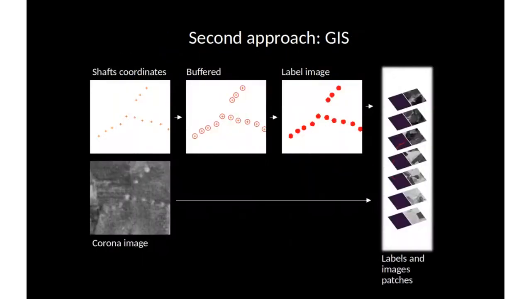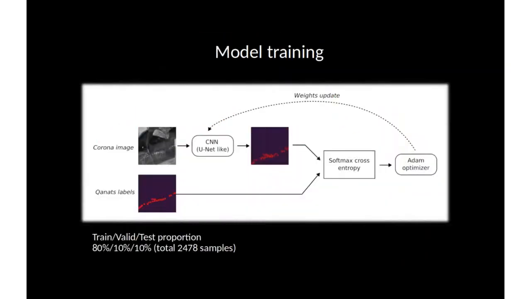And we used a very basic approach. We took the shaft coordinates, we buffered them with a circular object, and we rasterized it over the auto-rectified Corona images. This way we can generate labels and image patches, and we can feed that to TensorFlow, to Keras, to train a very basic model.